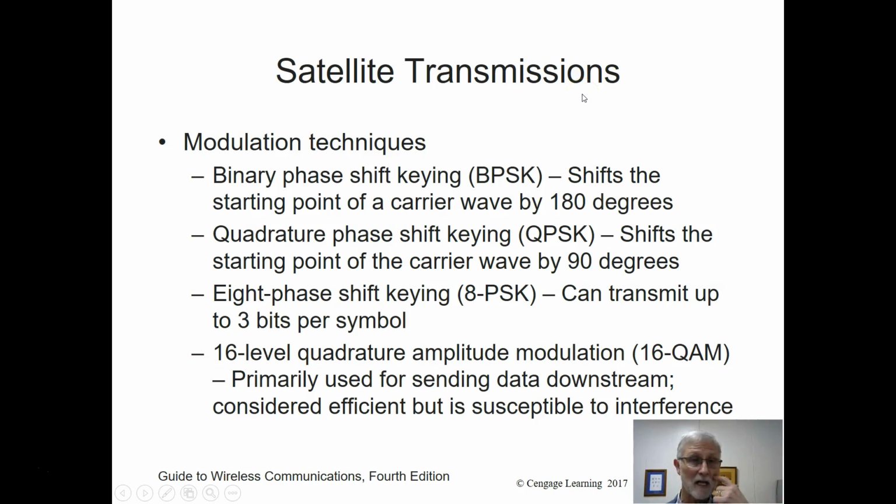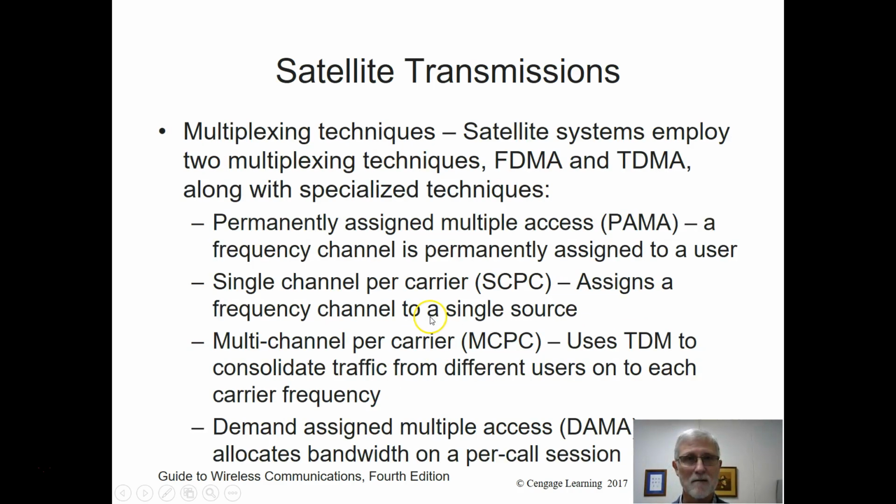Now, satellite transmissions have different modulation techniques, but they are all equivalent to what we've seen in the discussions we've had in this chapter, from binary shift keying all the way to 16-level quadrature amplitude modulation, or 16 QAM. So all of it is stuff that we've seen before.